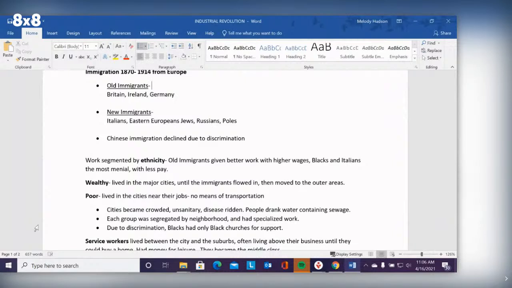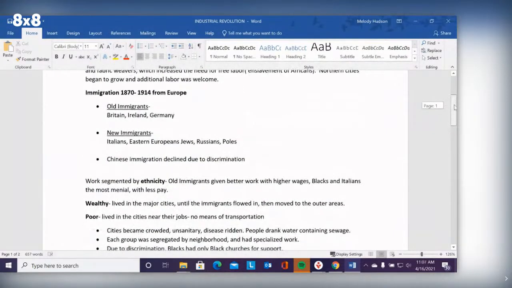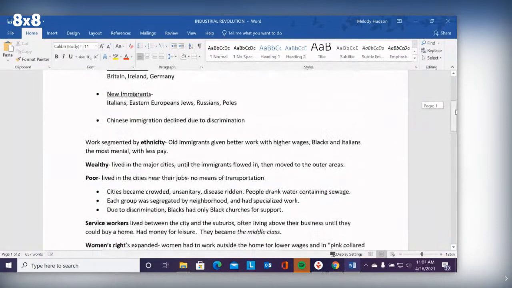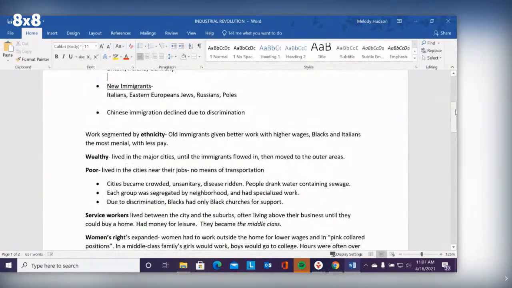Again, as I said earlier, each group was segregated by neighborhood and had specialized work. And they had also supports built into their communities, but due to discrimination, Blacks at this time in the cities had only their churches for support, which is where people came for socialization, where they came for social services.